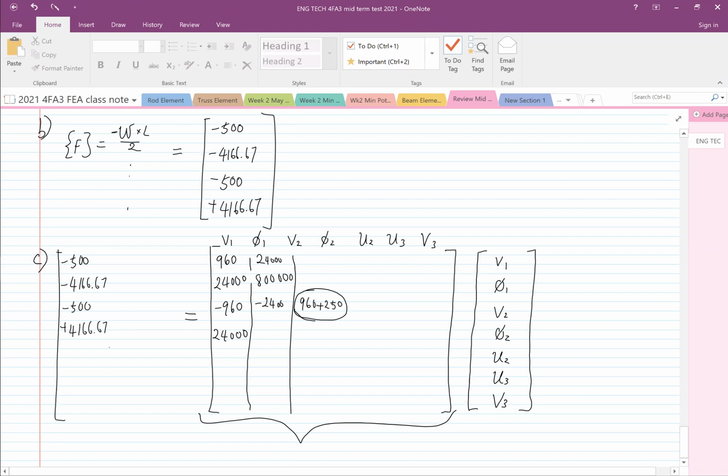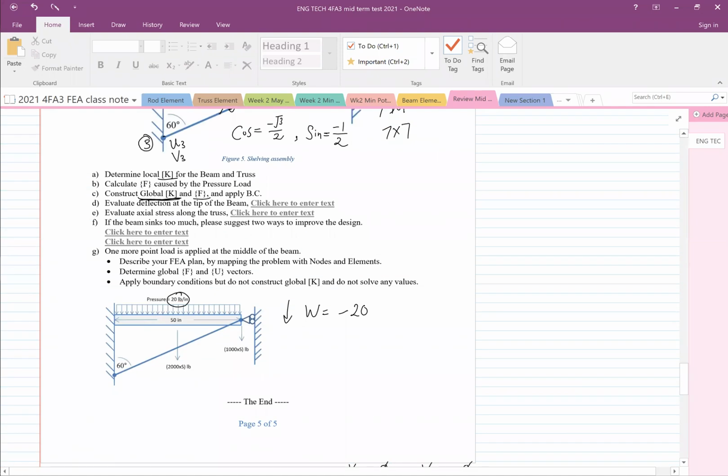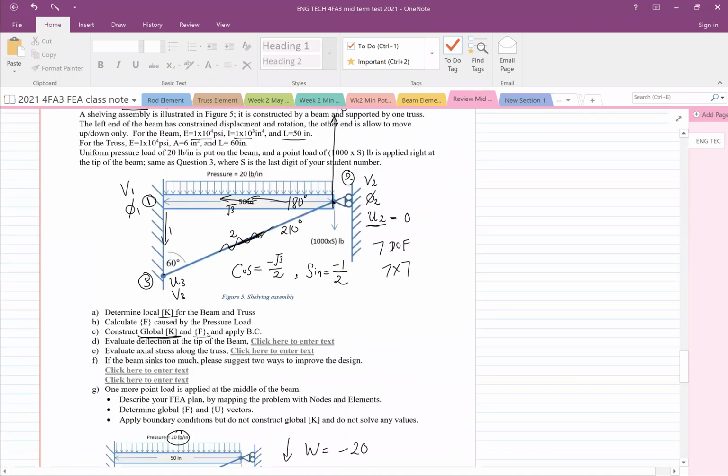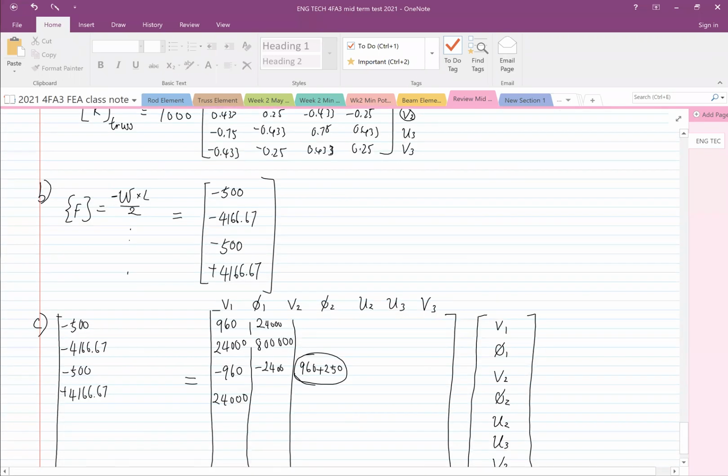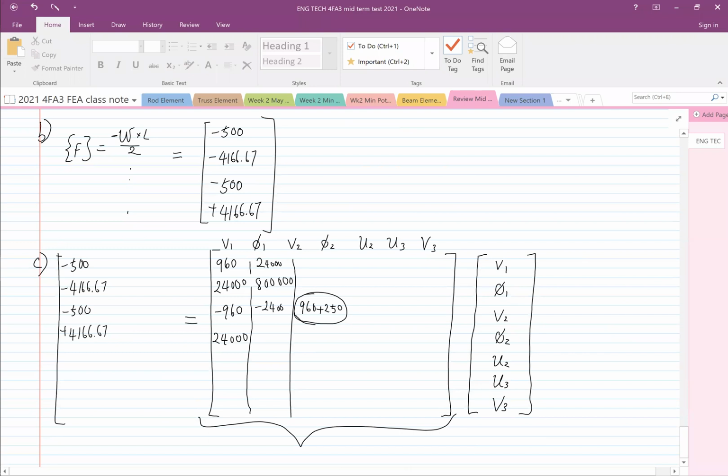That's the applied force from the uniform pressure. And then what else is there? 1000s on node 2 down, so it is negative 1000s.